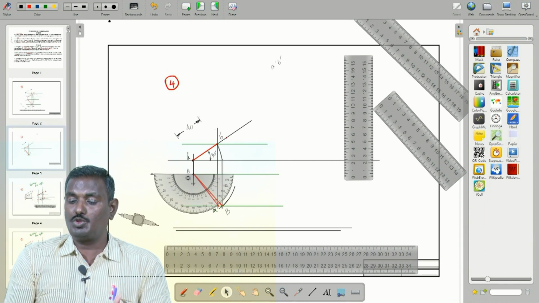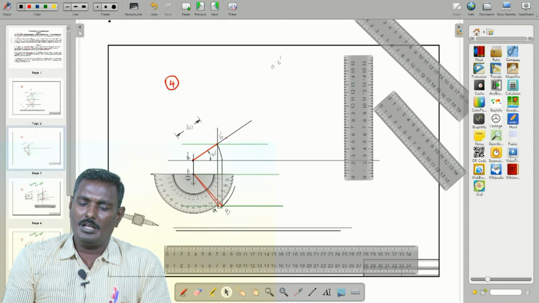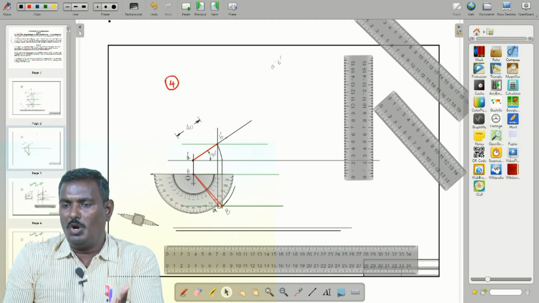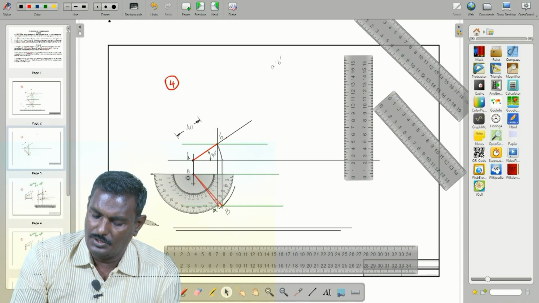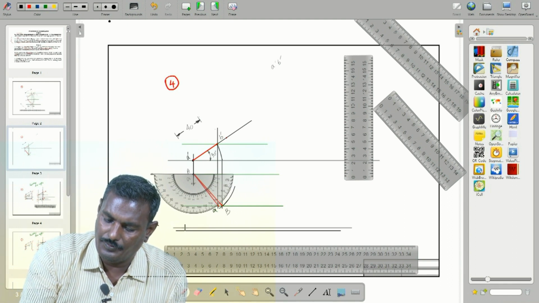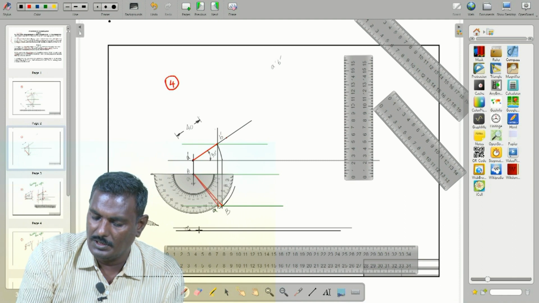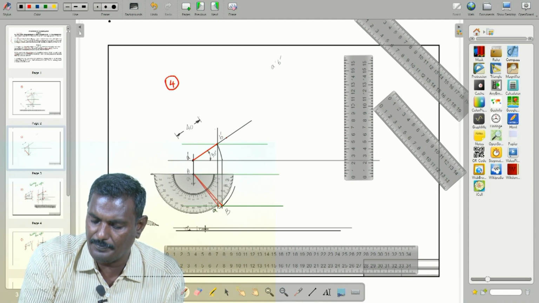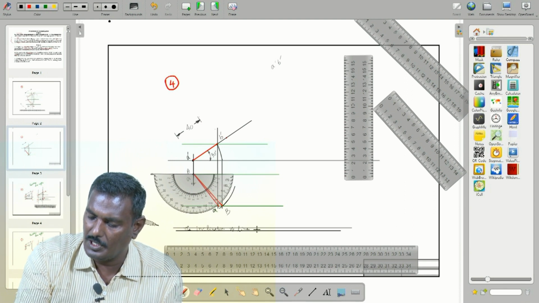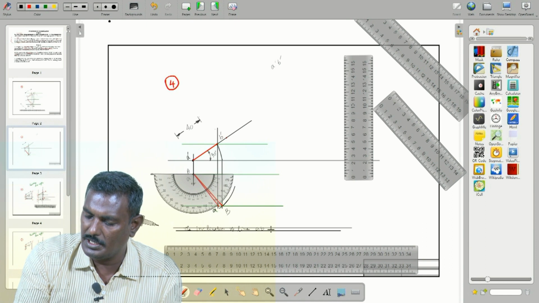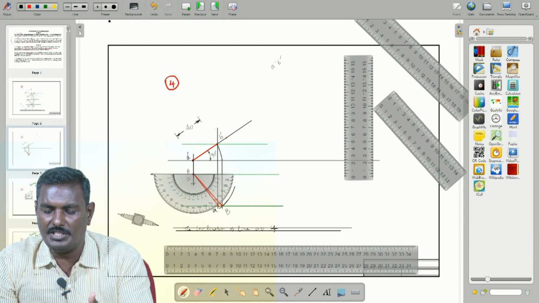We have to write the true inclination, or for small a small b, that is the apparent inclination they are asking. So we have to write it: the inclination of line small a small b is, so how much is it?